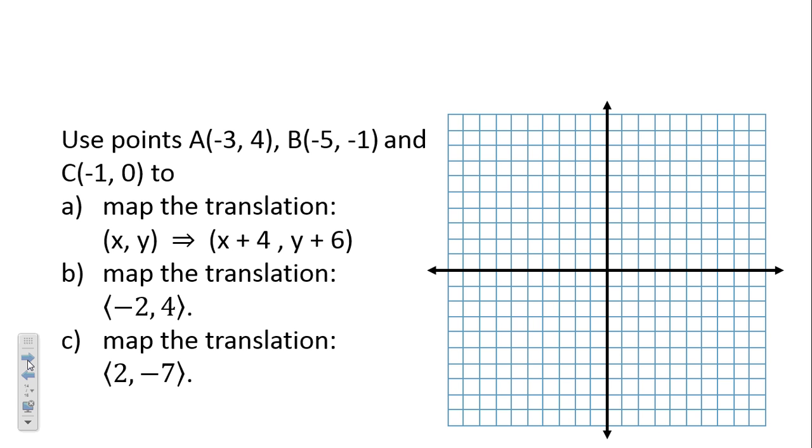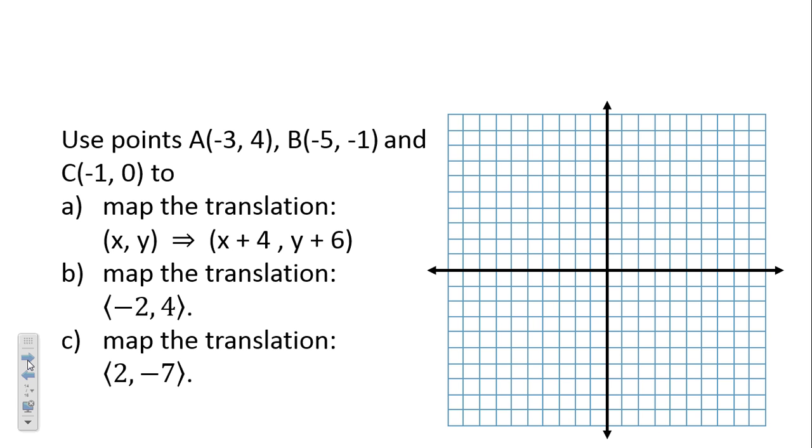Now we want to map that translation using coordinate notation. We're going to say, let's take x and y and map it to x plus 4, y plus 6. So move them which way? Over 4 and up 6. So take A and go 4 to the right and 6 up, and draw an A prime there.